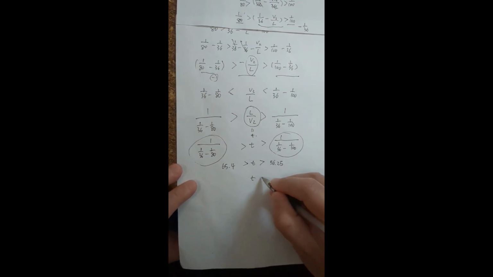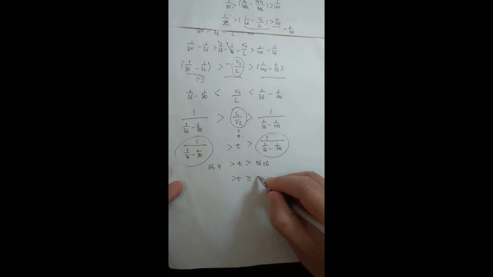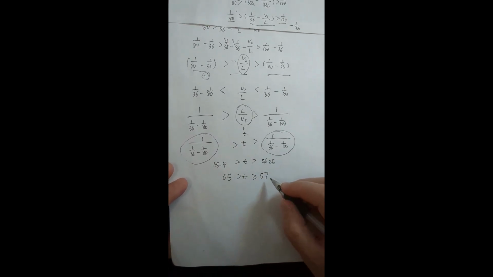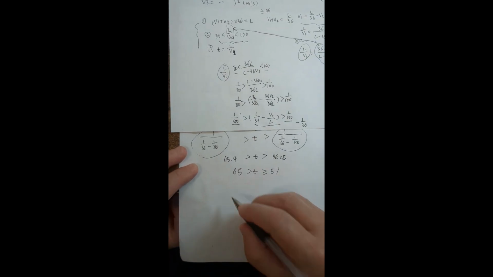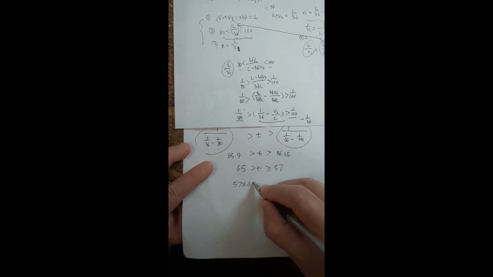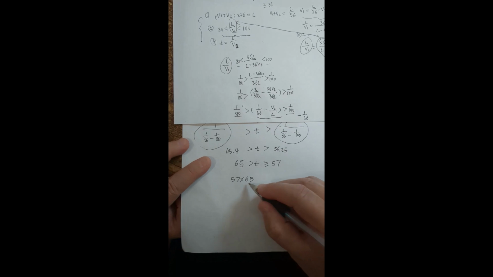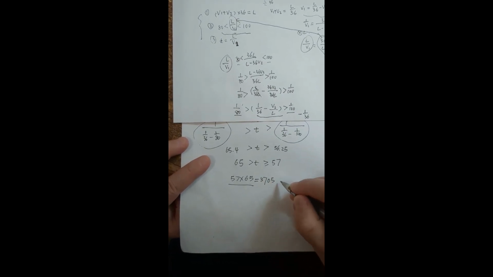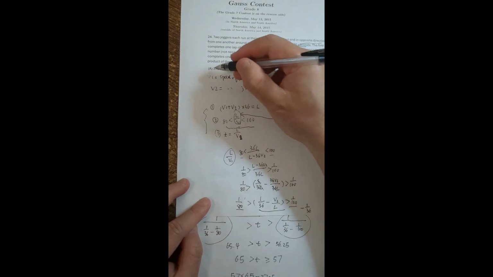So t is greater than 57 and less than 65, because t is a positive integer. So the product of the smallest times the biggest integer of t is equal to 3705. That's option A.